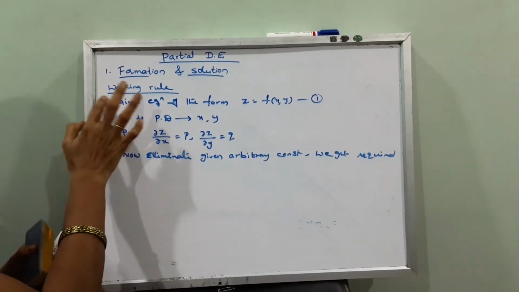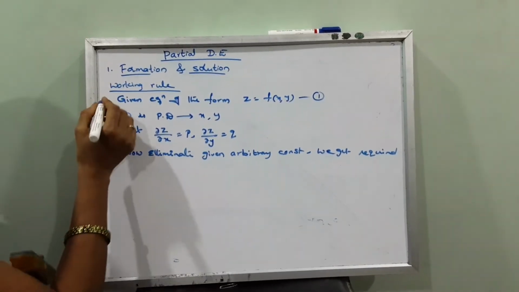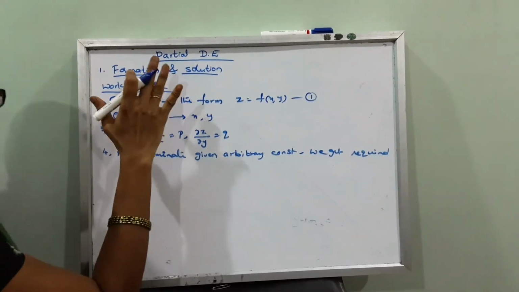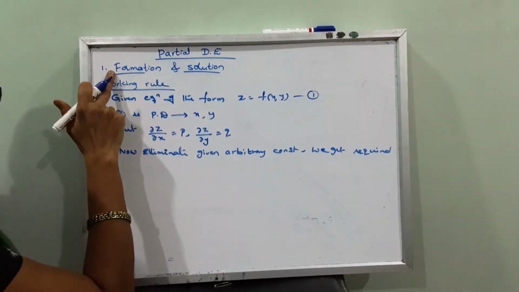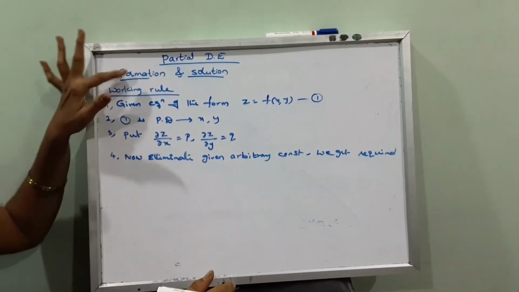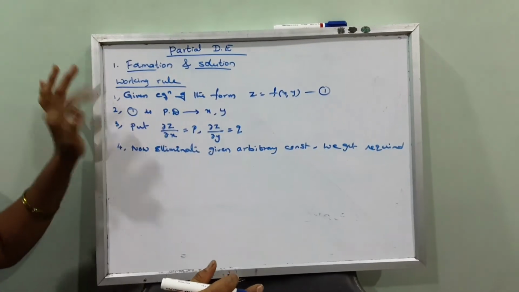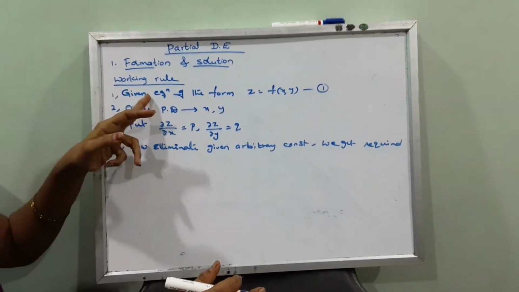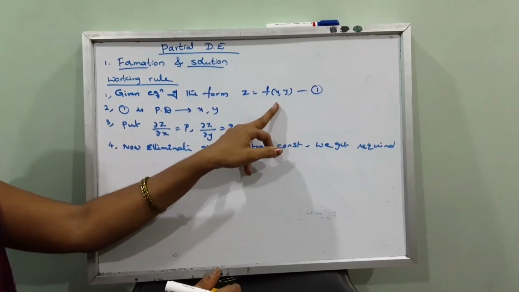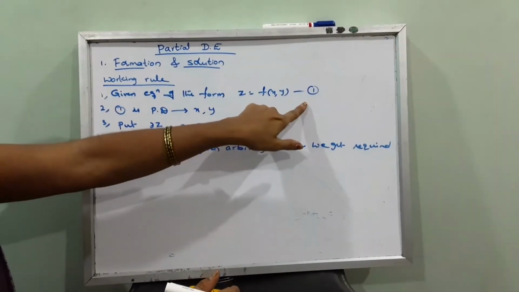For example, I am repeating here. In partial differential equations, the first concept is formation and solution. The working rule: first step, the given equation can be written as z is equal to f of x comma y, equation 1.